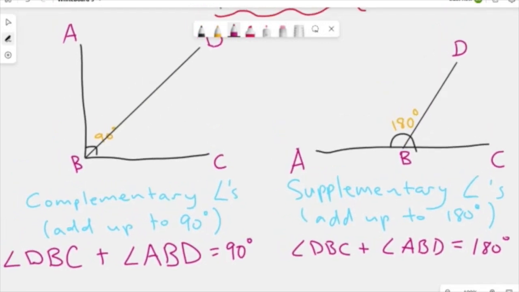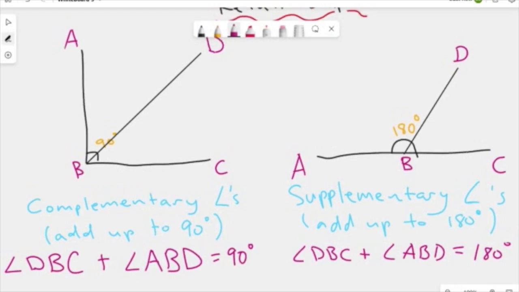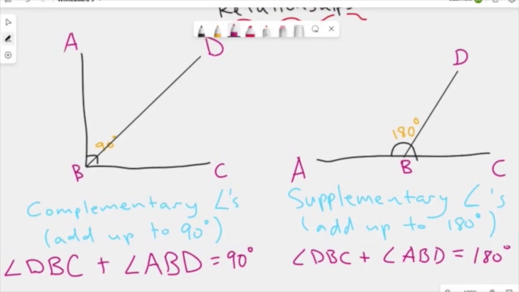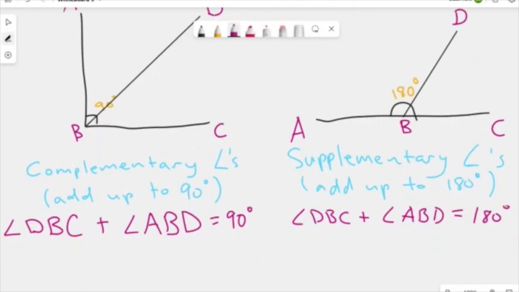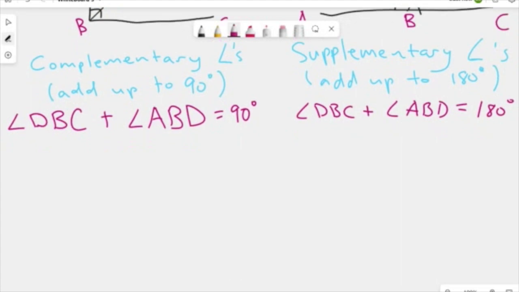These are the first two angle relationships we're going to work with. And knowing what these add up to, we don't know what they are, but we know what they add up to. And that is very powerful in terms of solving certain unknowns. Now, let me give you one example before we wrap up today.